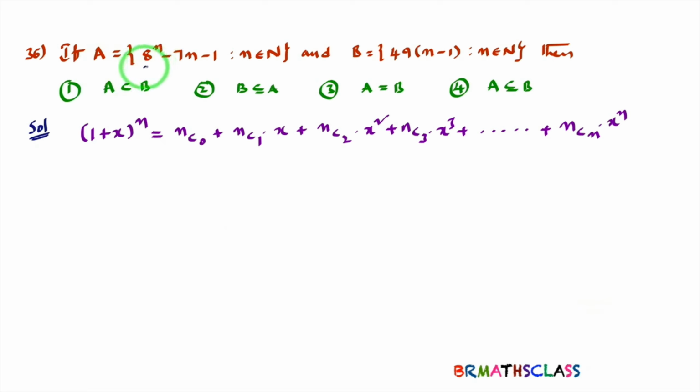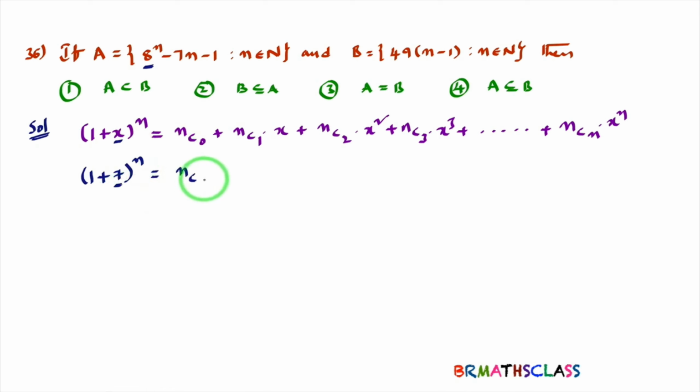You observe here 8 power n is there. 8 power n, I'll write as (1 plus 7) whole power n.